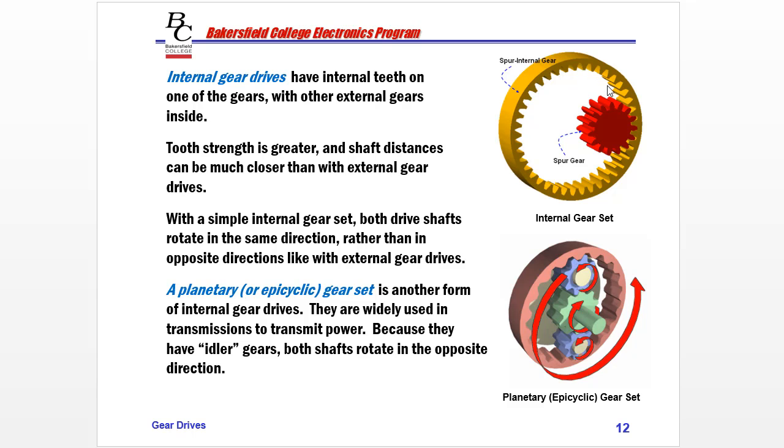The tooth strength is greater and the shaft distances are much closer, as I pointed out on the previous slide. With an internal gear set, both drive shafts will rotate in the same direction, as I also pointed out, and not in opposite directions like a standard external set with no idler. We would need an idler, and we would separate those shafts even further than they were on the previous slide.